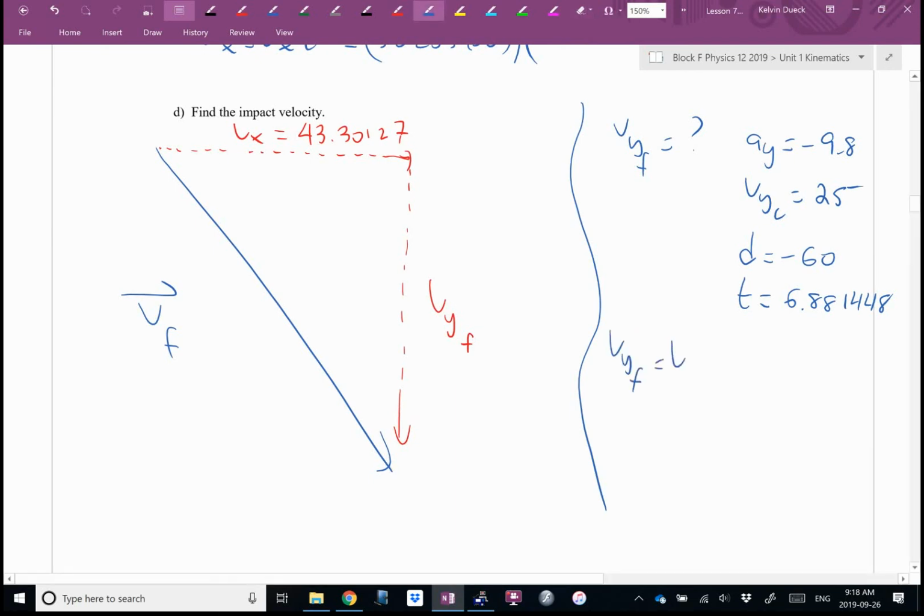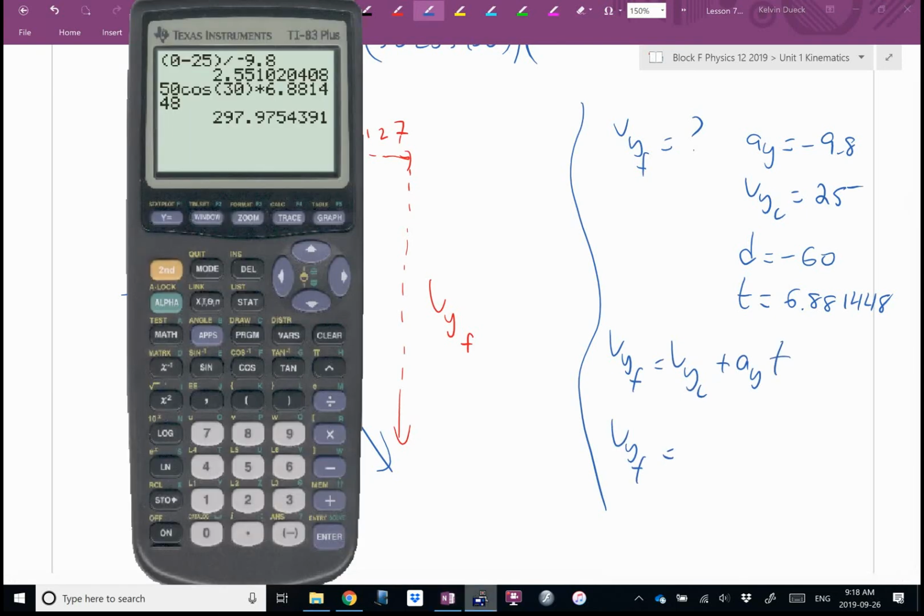It's going to be Vy initial plus Ayt. 25 plus negative 9.8 times 6.881448. I should get a negative answer here. I hope. I do. Negative 42.4382.